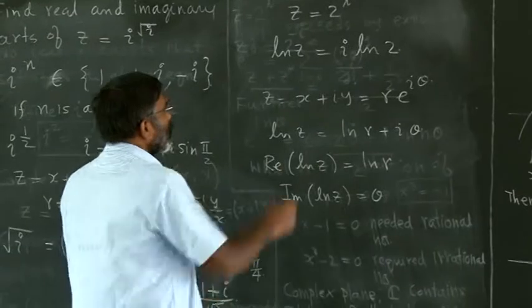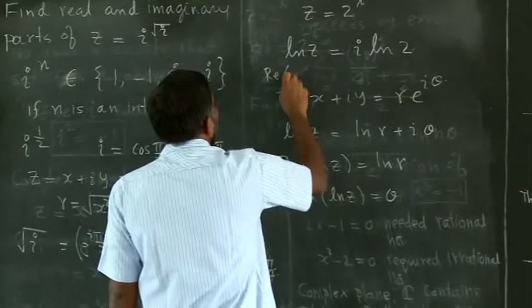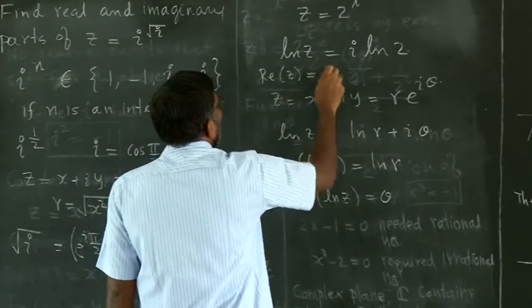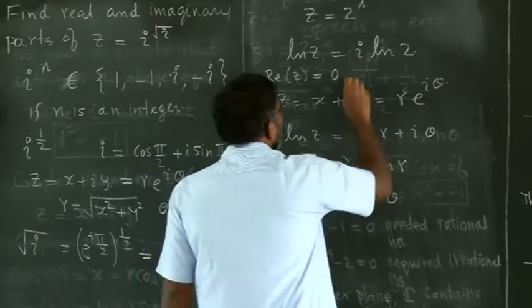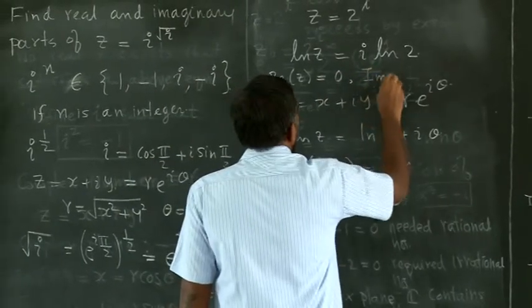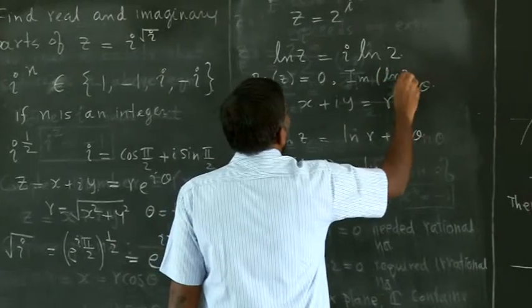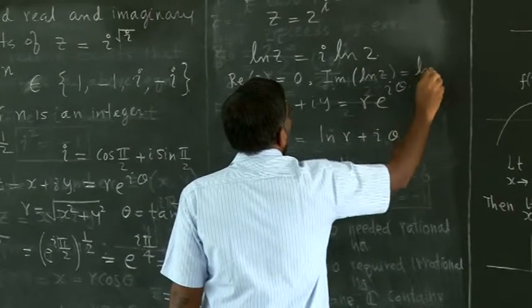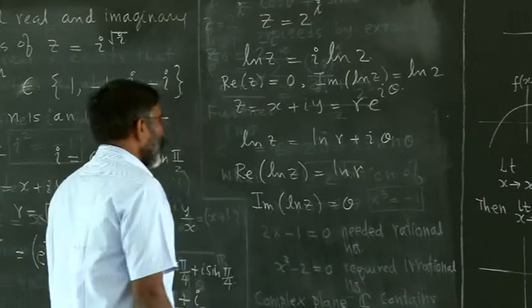Correct? So in this case, the real part of logarithm of Z is equal to 0. The imaginary part of logarithm of Z is equal to log 2.